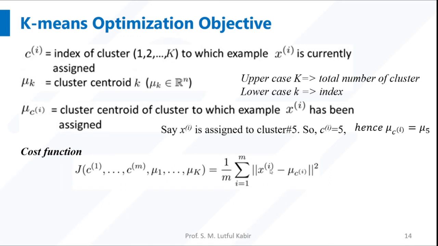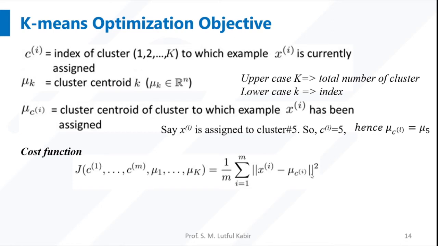Every xi does not belong to a certain cluster. They belong to different clusters. That's why xi minus mu ci. So take the square and sum them together and then you take the average. So that is your cost function. Our objective is to minimize this value.